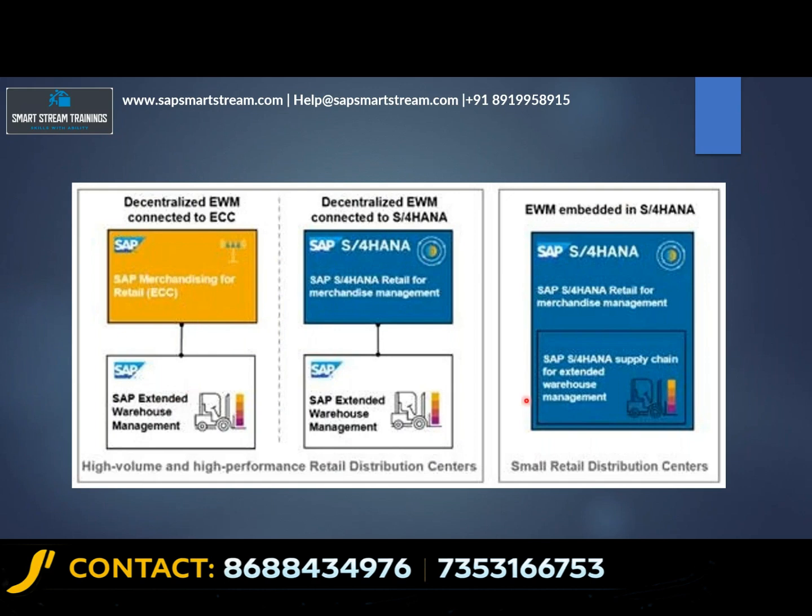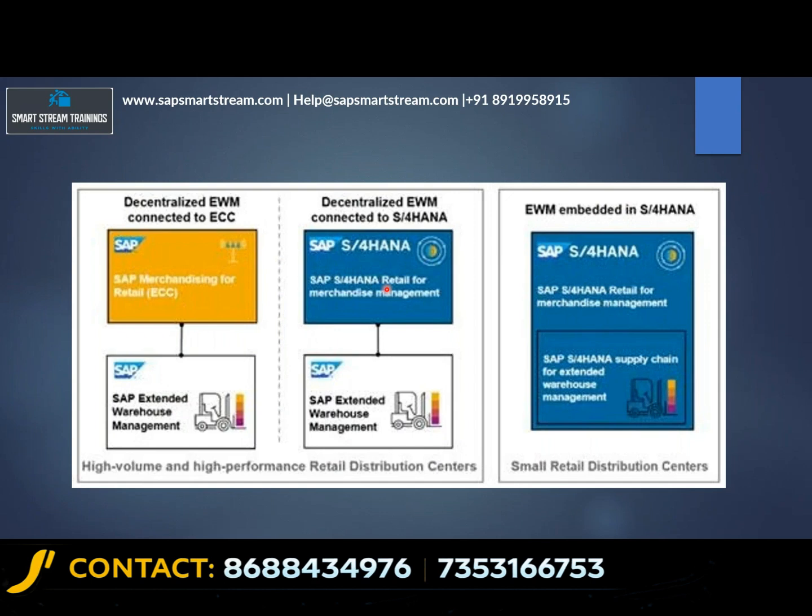These two were merged and combined into one single system. In one single system, you will be able to see both EWM as well as the other SAP modules. This is the embedded or centralized system, as we call it.